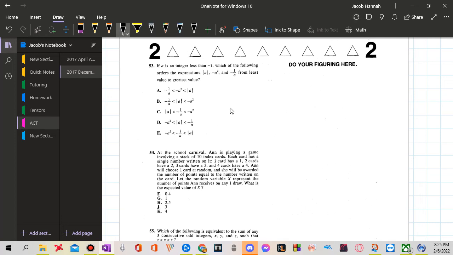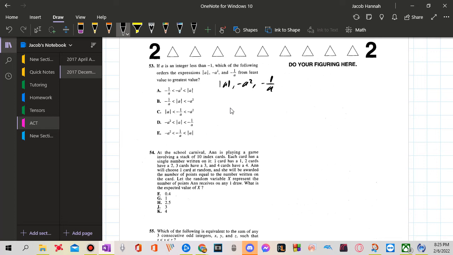If a is an integer less than -1, which of the following orders the expressions absolute value of a, minus a squared, and minus 1 over a from least value to greatest value? Okay.